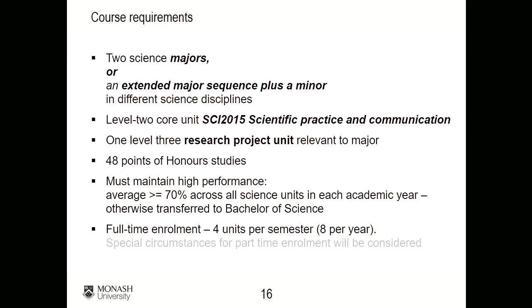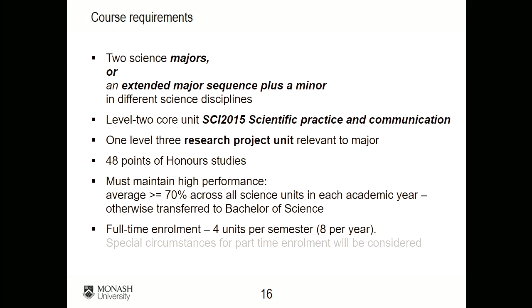For your course requirements, you need to complete two science majors or an extended major and a minor sequence in different science disciplines. As I said, there's a science communication unit, and that's SCI 2015, which you're allowed to do at first year if that fits in with your plans.